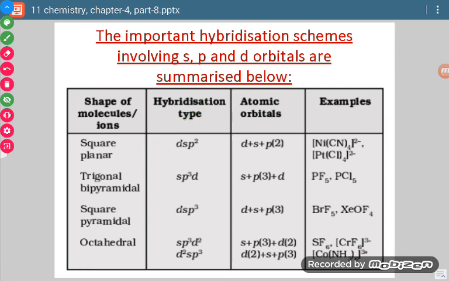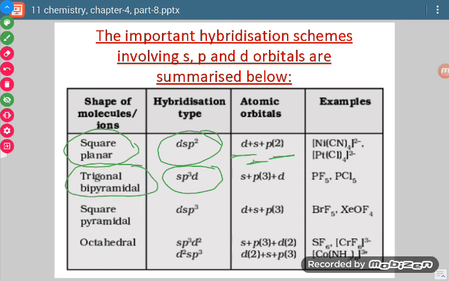So if the hybridization is dsp2, it means one d orbital, one s orbital and two p orbitals will combine, and the geometry will be square planar. Similarly, if I am talking about sp3d, it means one s orbital, three p orbitals and one d orbital will combine, and the geometry of the molecule will be trigonal bipyramidal.